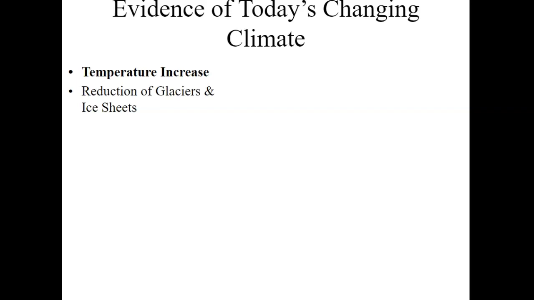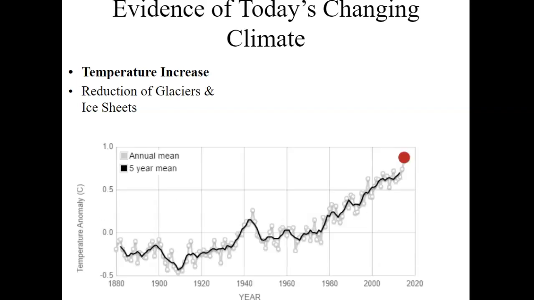Some continued evidence of changing climate today would be temperature increase and the reduction of glacial ice and the ice sheets at the poles. So this just shows the change from average.